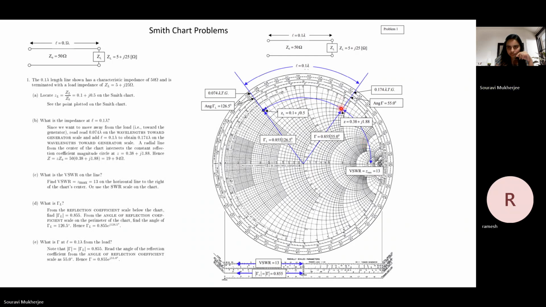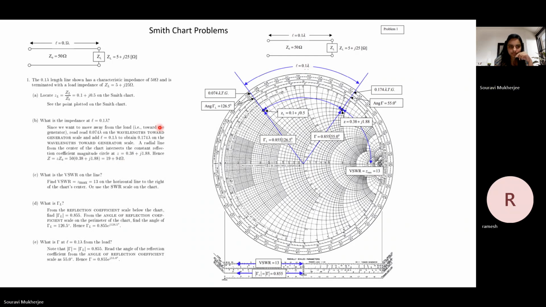Wherever it intersects with the line that you had initially drawn will give you the normalized impedance at 0.1 lambda distance. If you want to find the impedance, not the normalized impedance, then just multiply by the characteristic impedance. So this normalized impedance multiplied by 50 will give you the impedance at this distance.